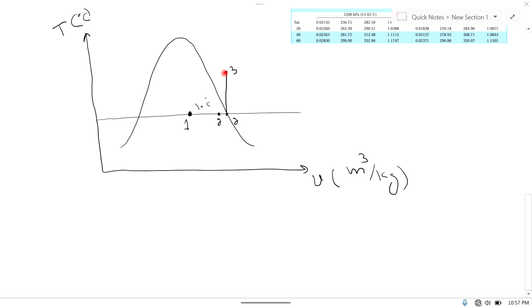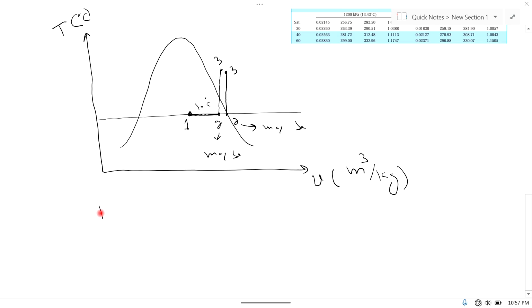So point 2 is not clear. Point 2 may be this point, or maybe this point. But it is clear that from 1 to 2 temperature is constant, and from 2 to 3 volume is constant.